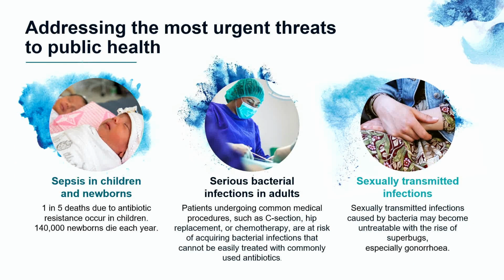So we focus on three particular areas at the moment: sepsis in children and newborn babies, where 1 in 5 deaths are due to drug resistance. We know that over 140,000 newborn babies die each year of drug-resistant infections. That data is from the Graham study, which of course is an underestimate.